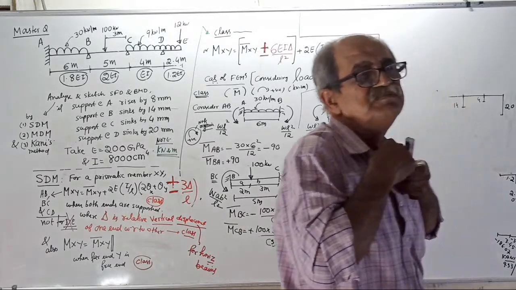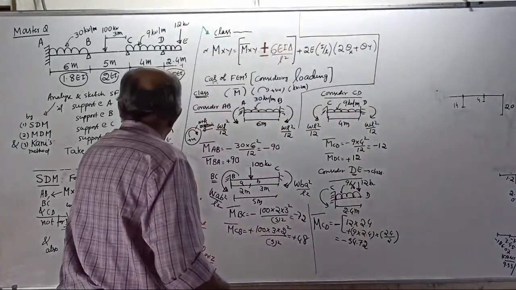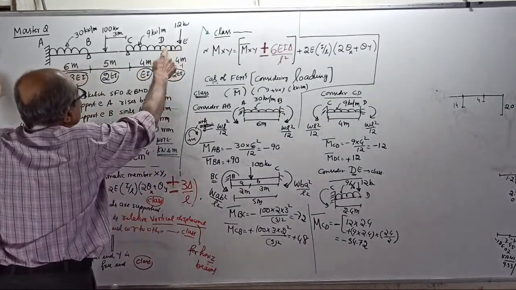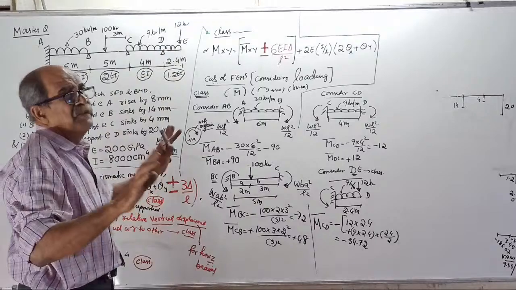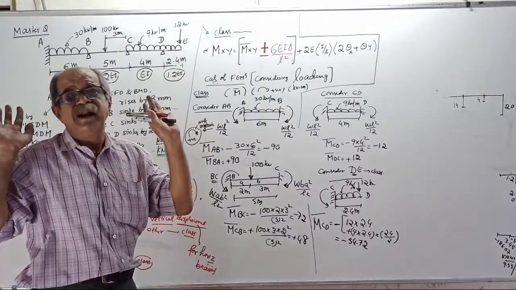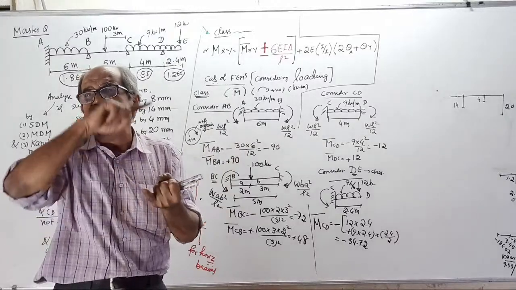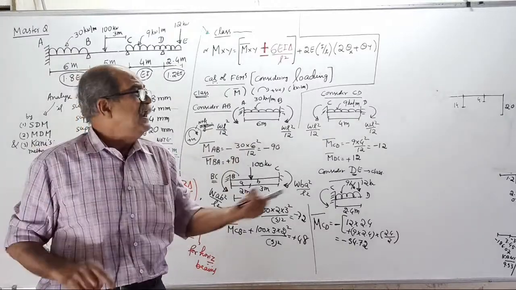Okay, now, so make a note. When the far end is free end, that is for DE member at D, M bar MDE equal to M bar DE. That's all. Nothing. No delta, no theta. I tell you sometime for fun.